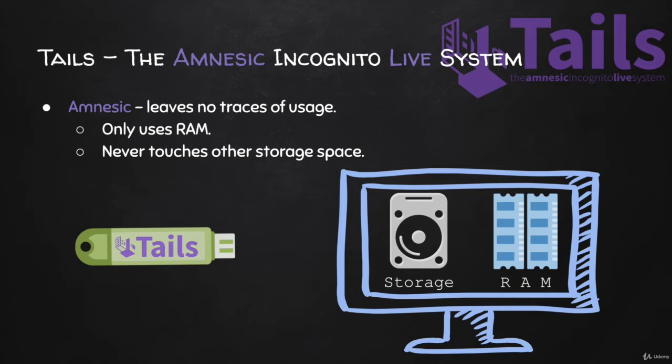Then, when that computer boots, it will boot into its default operating system. This system will work exactly the same way that it was working before, and even if the whole computer gets inspected, there will be no traces of what you've done, and there will even be no traces of Tails being used on that computer.